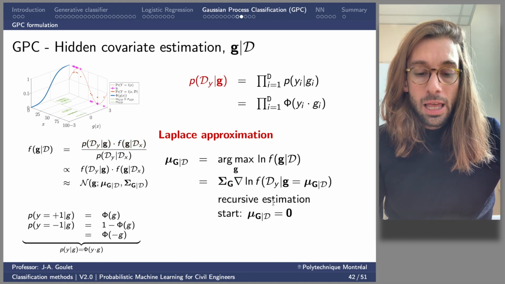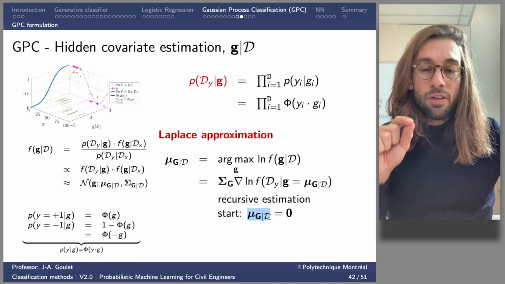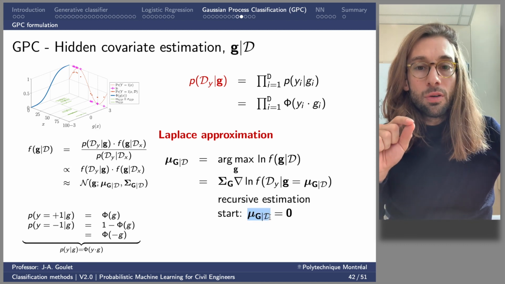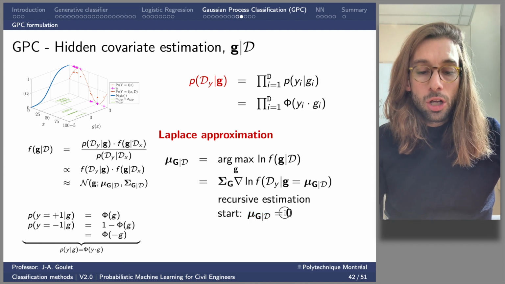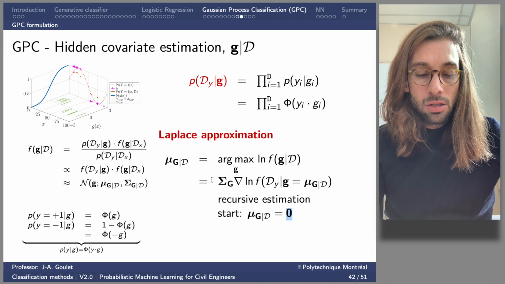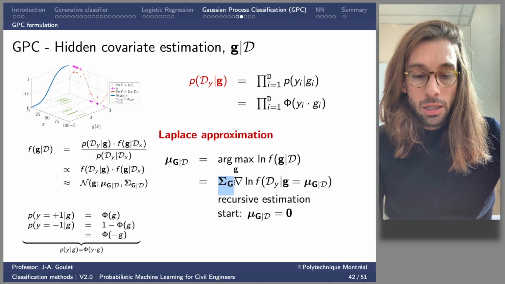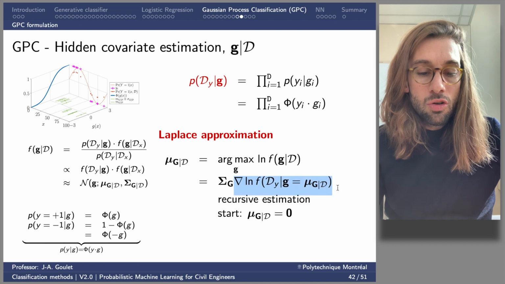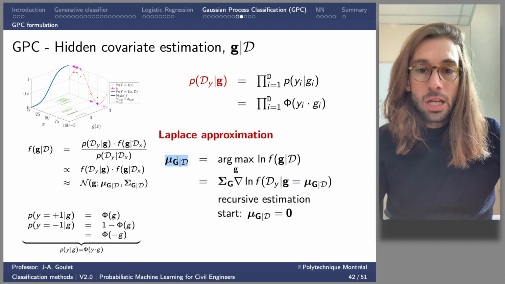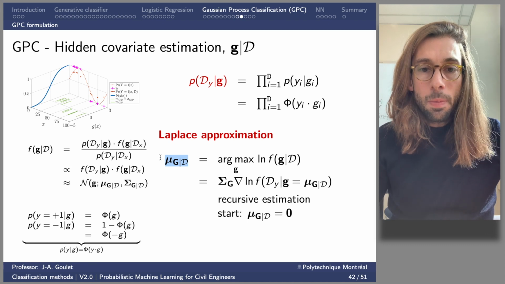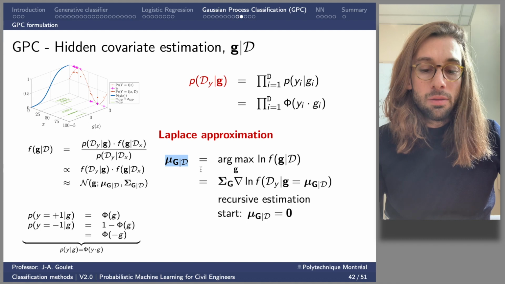We're going to start with the initial value where all my inferred latent variables are initialized at 0. Then I'm going to go through this process that takes into account the covariance for j and the gradient of my log likelihood, and I'm going to obtain a new value for my expected value, okay? Then I'm going to replace them here and obtain a new updated value, and I'm going to loop here until I converge to a stationary value for my expected vector.